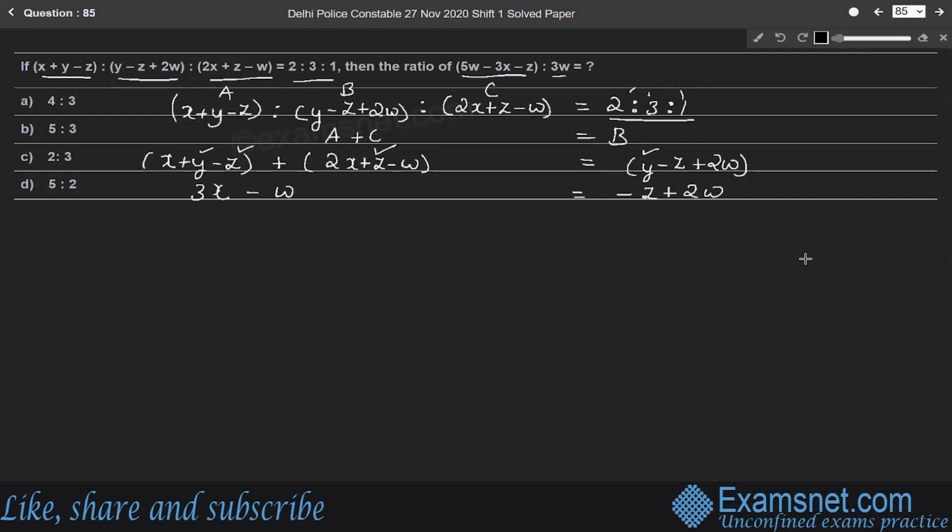If you take 3x to the RHS, minus w minus 2w is equal to minus z minus 3x, which is minus 3w is equal to minus z minus 3x. Consider this as equation 1.